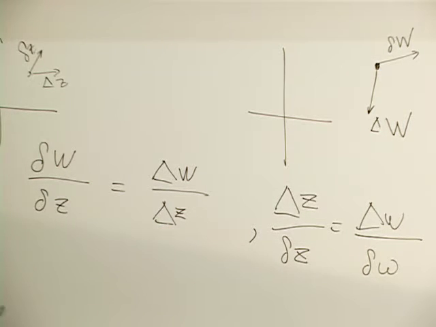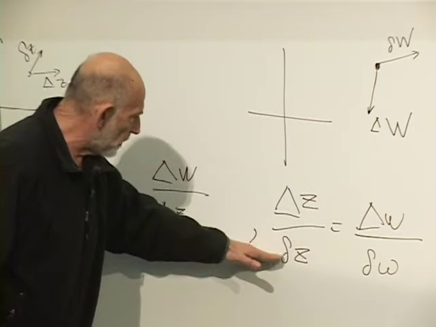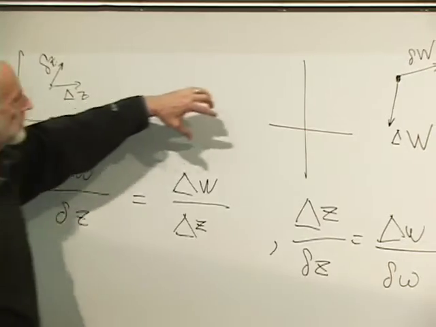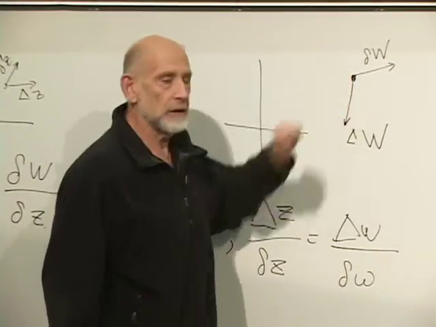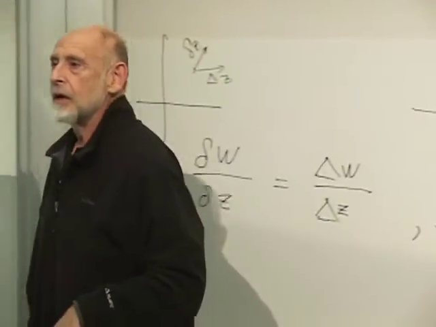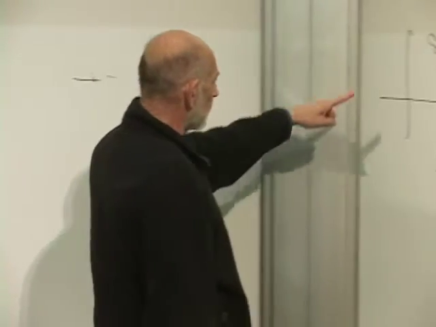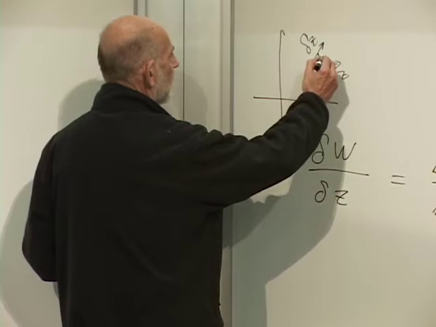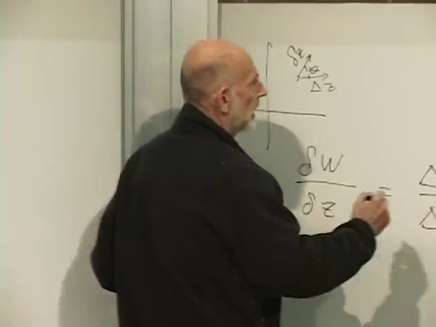But now what does this say? This says the ratio of big delta z to little delta z is the same as the ratio of big delta w to little delta w. What does that say about the angles here? Let's call that angle theta, and this angle over here.